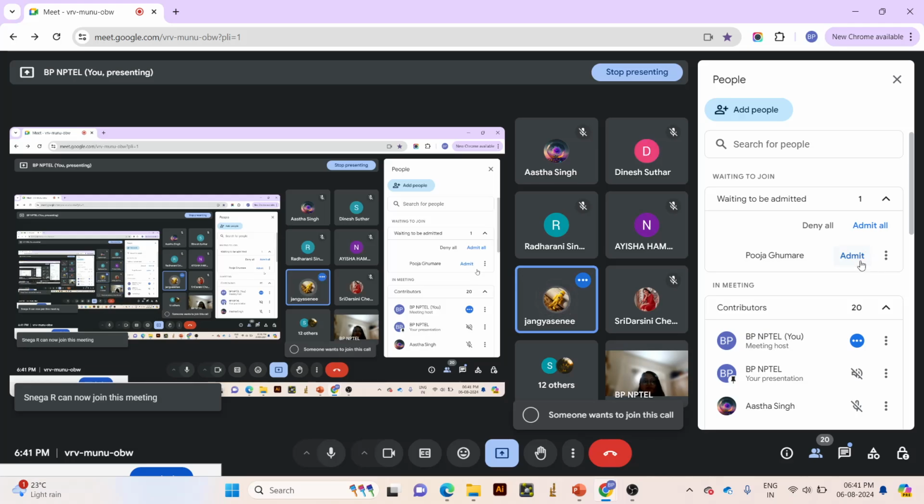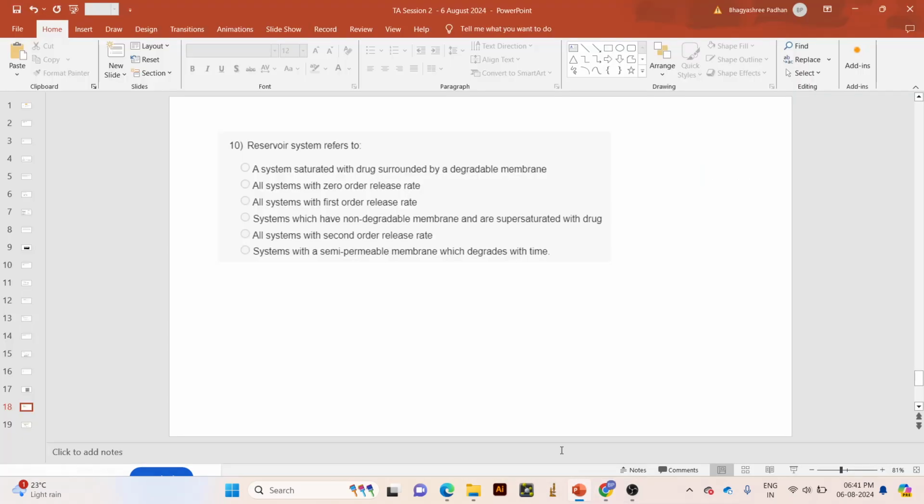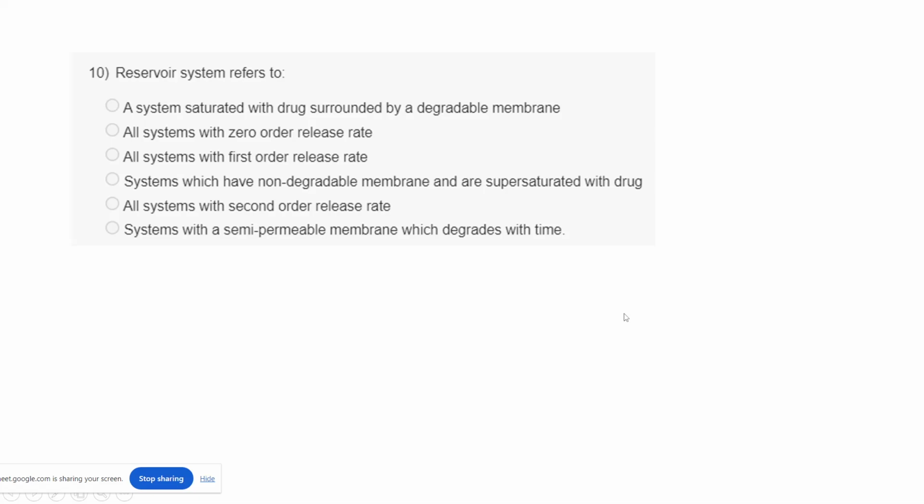Option D. Option B. Okay. D, 4. Anybody else would like to answer which of these is the reservoir system?